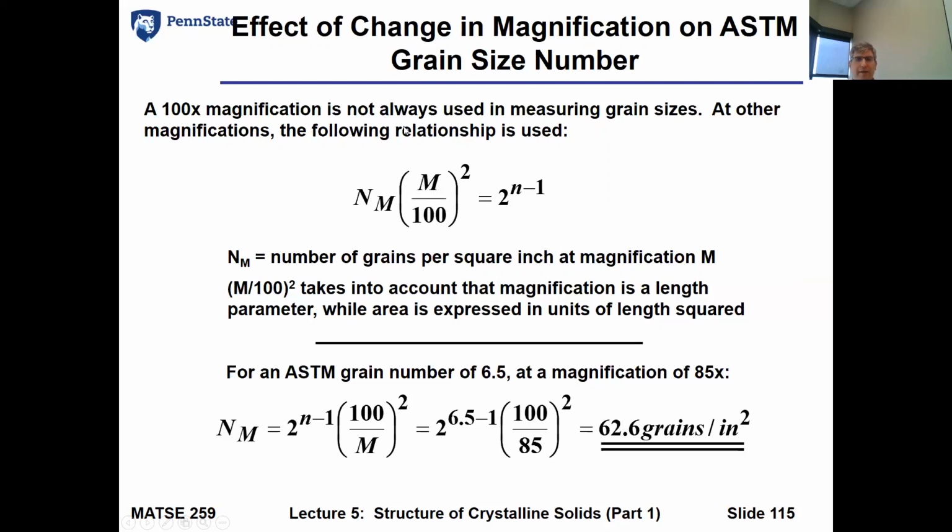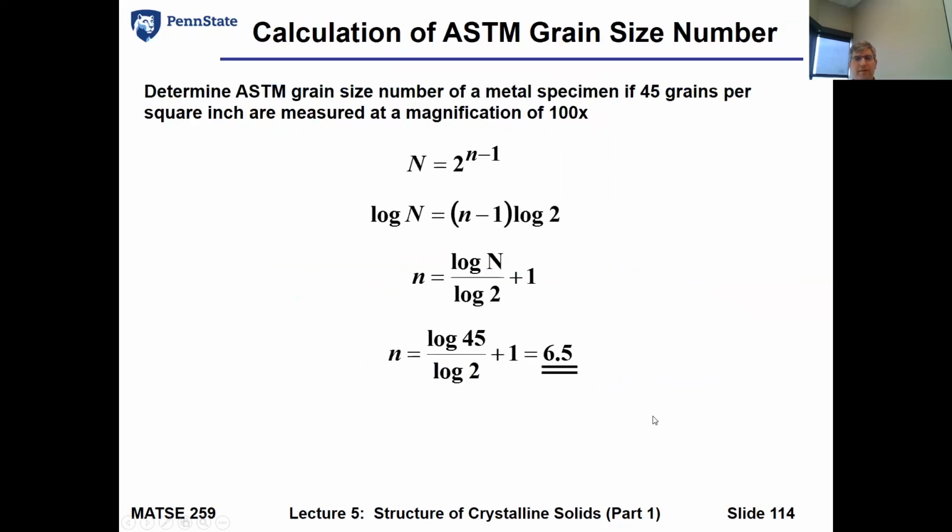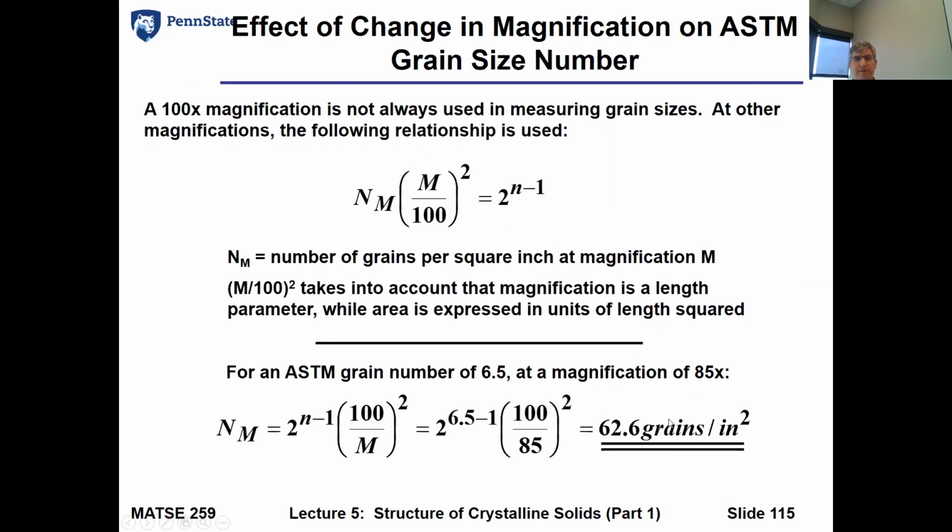So if you have a magnification other than 100x, you need to use this equation. And we can see how, if we have a certain grain size number at a magnification of 85x, we see how many more grains we counted. In this case, we were only at 45 grains. In this case, we're counting 60, almost 63. That's key, is statistics. It's counting enough grains to feel comfortable that you're capturing what that average grain size is.